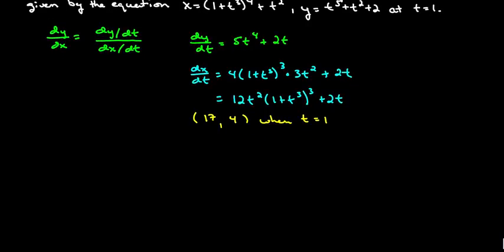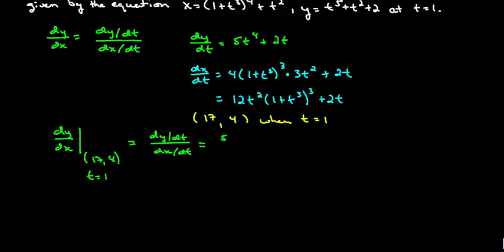So what we need now is dy/dx, the rate of change of y with respect to x, and we're going to be doing that at the point where x equals 17, but I'm going to write the ordered pair down here. We know that this occurs at t equal to 1. So we have dy/dt over dx/dt. dy/dt is this expression up here, and dx/dt is this ugly expression right here.